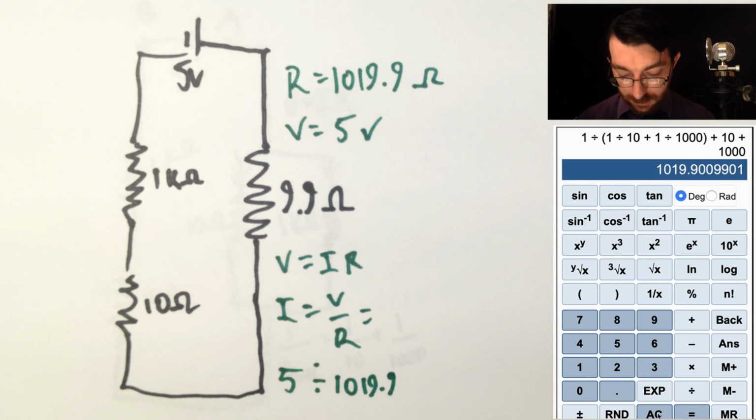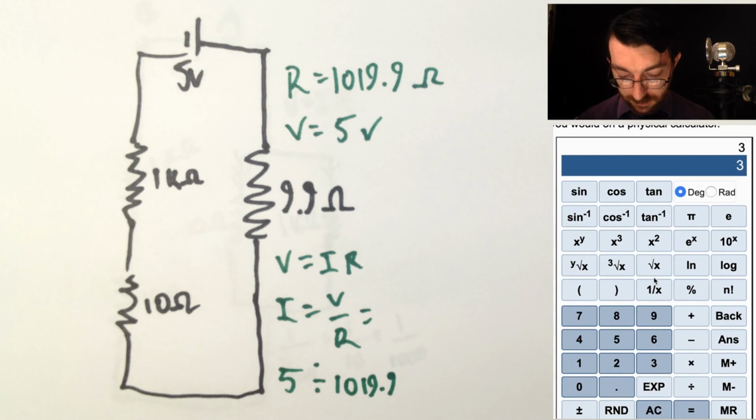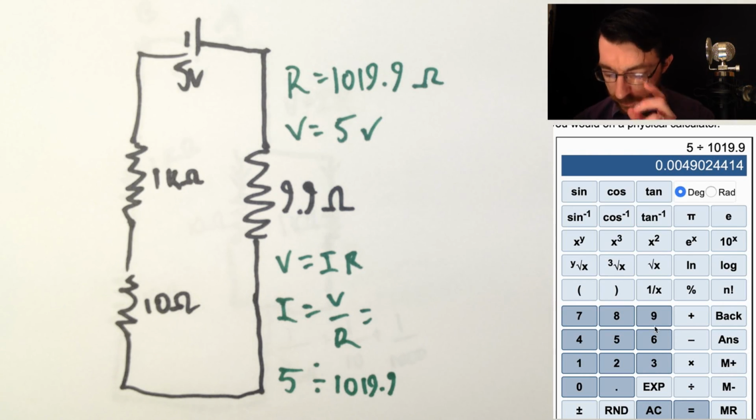Okay, sorry, calculator is freaking out. 5 divided by 1019.9. Okay, 4.9 milliamps. That would be 0.0049 amps. So let me keep it in amps because I don't want to deal with unit nonsense.